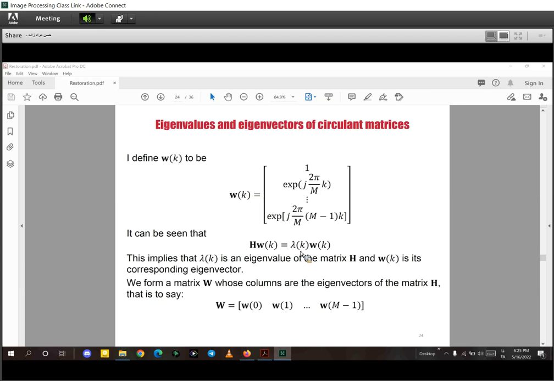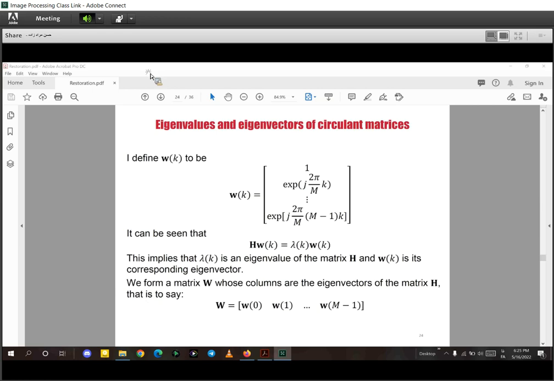What is that item? This is the frequency response. Okay, or we had transferring from a spatial domain to frequency. A matrix U whose columns are the eigenvectors of matrix H.